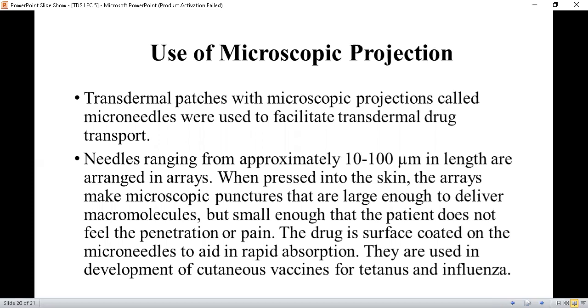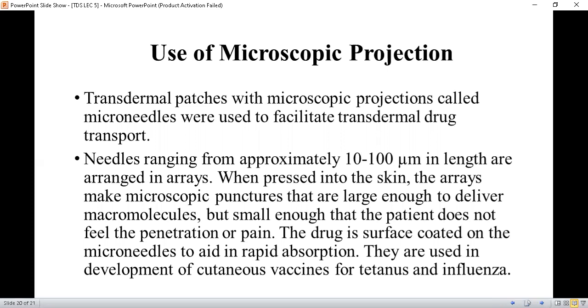Now next is the use of microscopic projections. Transdermal patches with microscopic projections called microneedles are used to facilitate transdermal drug transport. Needles ranging from approximately 10 to 100 micrometers in length are arranged in arrays.